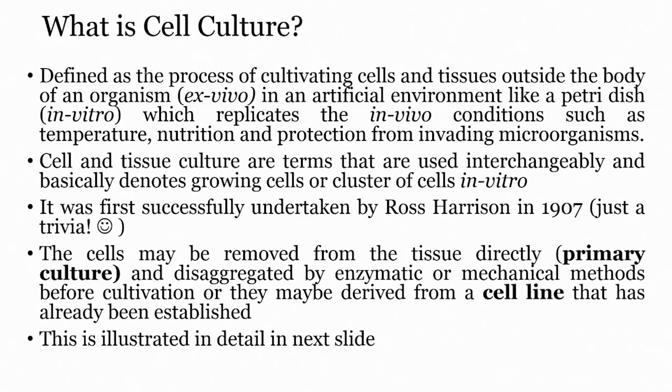So, let us see, what is cell culture? It is defined as a process of cultivating cells and tissues outside the body of an organism, that is ex vivo, in an artificial environment like a petri dish, which is in vitro, which replicates the in vivo conditions such as temperature, nutrition, and protection from invading microorganisms.